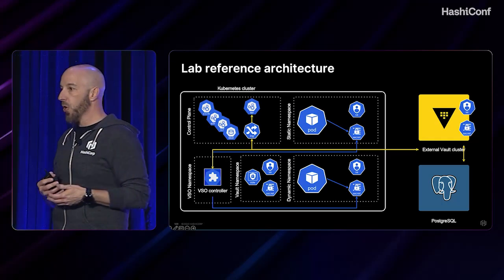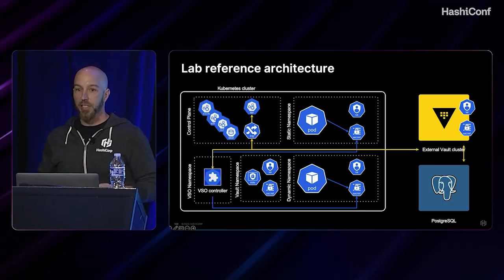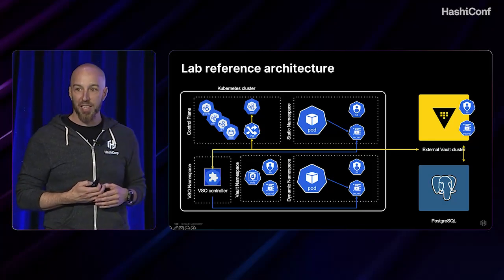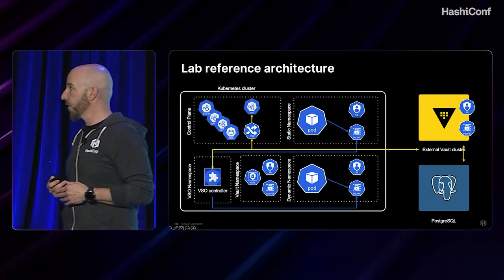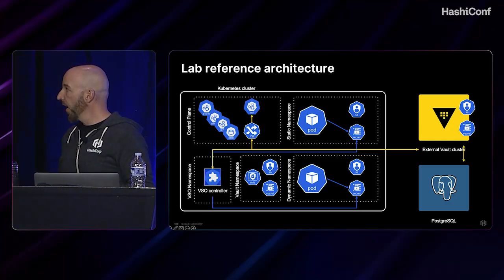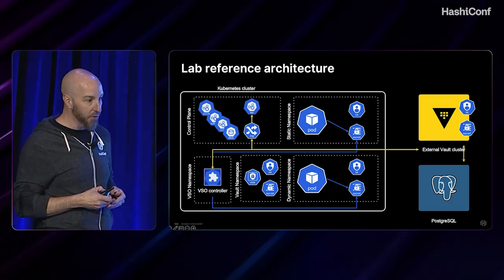This will feel a bit more normal if you're using our managed service like HCP Vault Dedicated, or if you have a different team that manages Vault for you. Maybe it's not part of your Kubernetes cluster, or maybe you have separate Kubernetes clusters that still need to benefit from Vault. So we're going to deploy the Vault Secrets Operator into its own namespace.